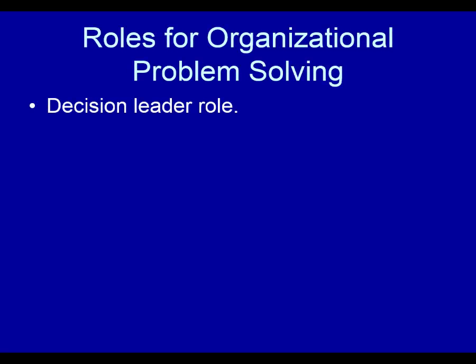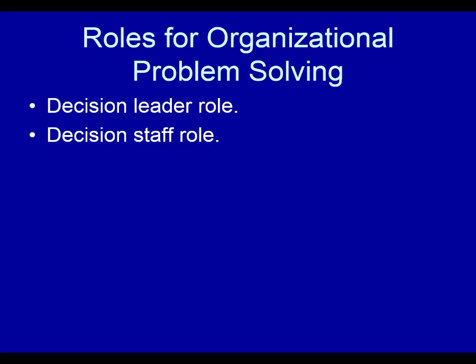When you think about roles for organizational problem solving in regard to decision making, you could conceptualize that there is the role of decision leader, decision staff also. In other words, some people are given the responsibility to be the leader. If the decision doesn't get done or doesn't get done in time to solve the problem or help things work out, then certain person's going to get yelled at.